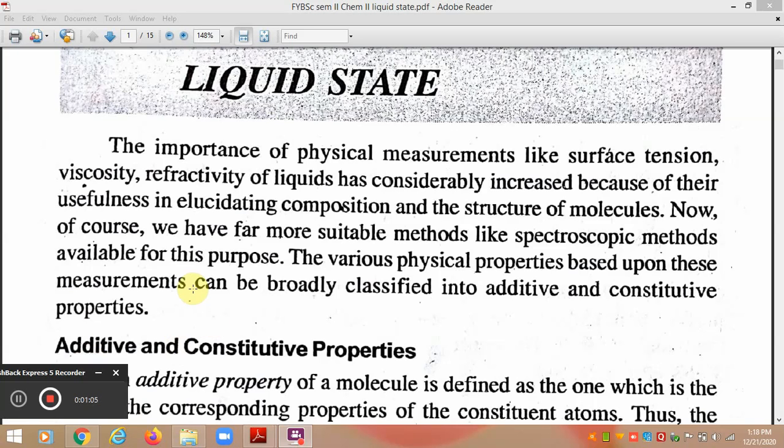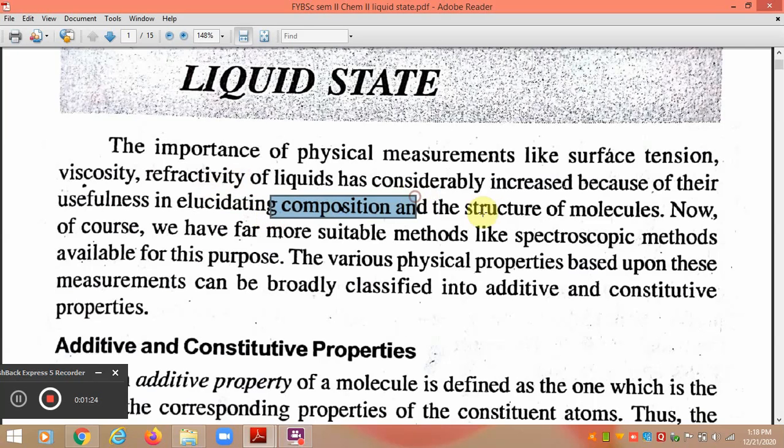As far as the liquid state is concerned, the physical properties and the measurement of physical properties like surface tension, viscosity, and refractive index of liquids have much importance because these are used in the study of composition and structure of molecules.